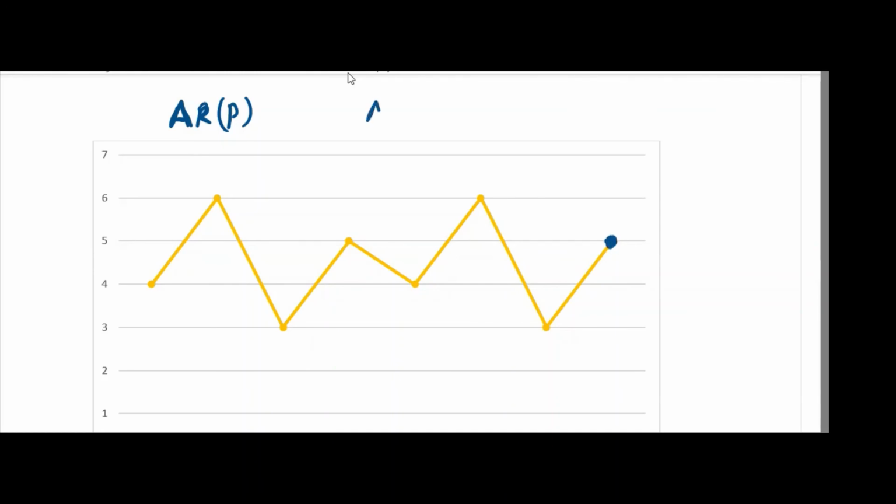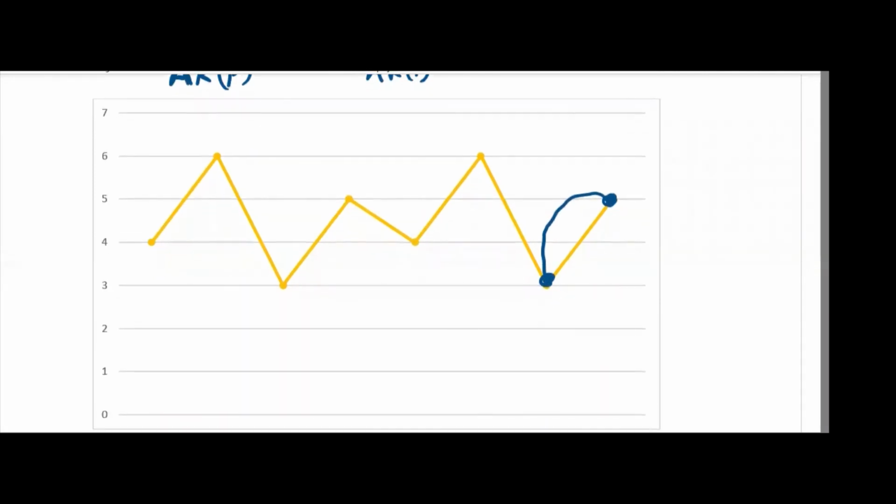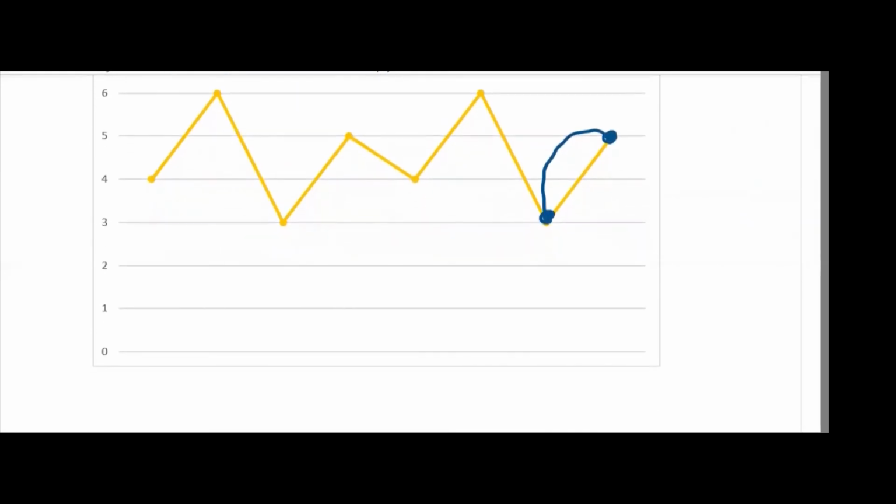Even if you take p equal to 1, AR1, what will happen? We can say this is linked with this one, direct link. I'm talking about direct one. Okay, these are the values, these are the points, these are the time points, and you have to find the value here. These are the past samples. Okay, these are the time points where your values are.